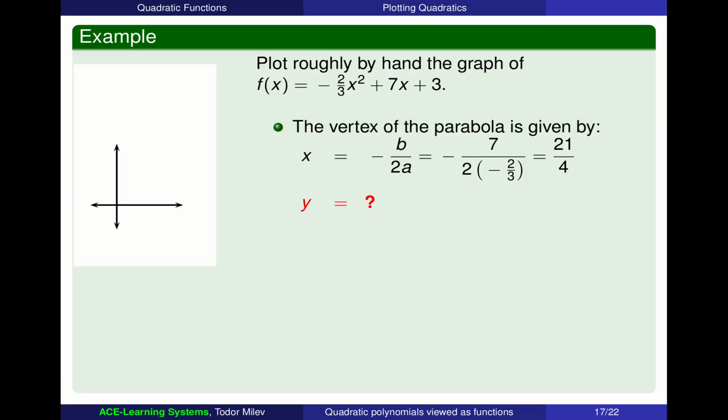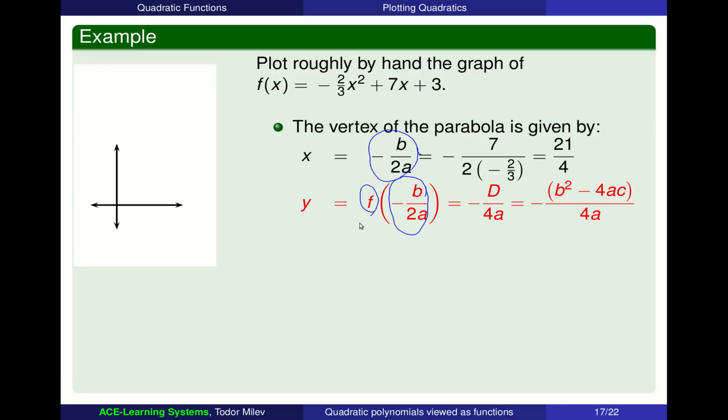Now, the y coordinate of our vertex. If you remember, we studied a ready-made formula for the y coordinate of the vertex of a parabola. But that formula is a bit tricky to memorize. It's relatively long, so rather than memorizing it, all we need to remember is that to get the y coordinate of the vertex, we take the x coordinate of the vertex, which is negative b over 2a, and put that inside the formula for f.